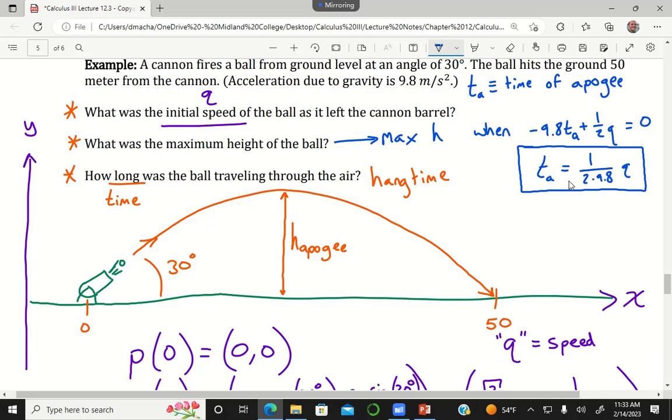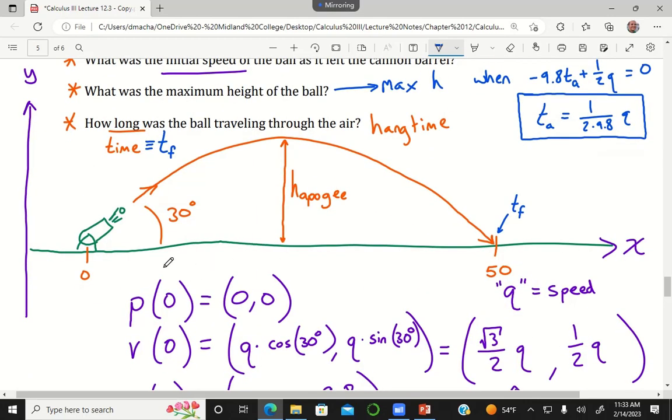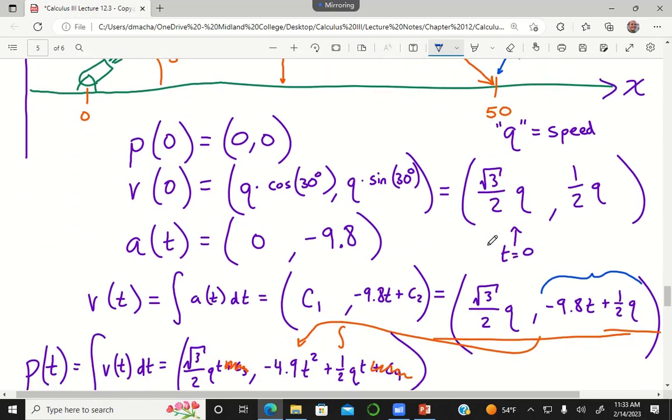Let's talk about the time the ball was traveling through the air. I'm going to call this time T_F, the final time, basically the moment when the ball hits the ground again. I can find this by knowing that my ball traveled 50 meters in the x direction, and the speed in the x direction was constant.